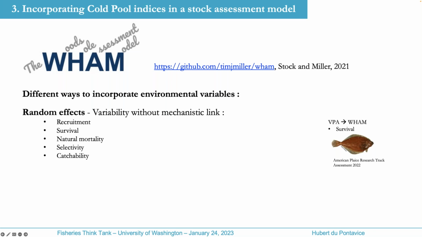So environmental variables are not directly included in the model, but it can account for hidden environmental processes that are not directly measured. For example, during the last research track assessment for the American plaice stock on the northeast shelf, they recommended to transition from VPA to WHAM, and they incorporated random effects for the numbers at age, so the survival can change between years and for each age class.